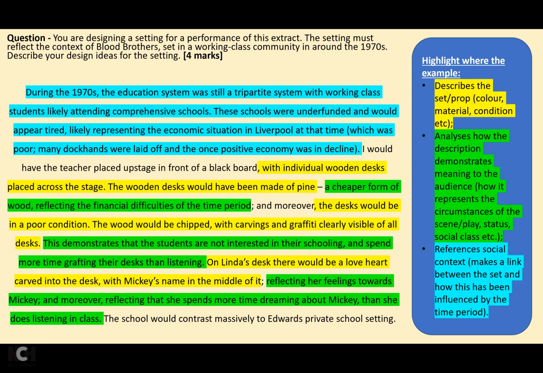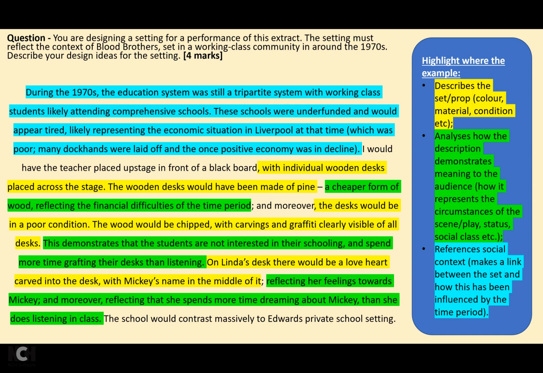The candidate then goes back to describe, and he goes, the desks, or she goes, the desks would be in a poor condition. The wood would be chipped, with carvings and graffiti clearly visible on the desk. So clearly gone through there. And then we go back to the analysis. This demonstrates that the students are not interested in their schooling and spend more time graffitiing their desks than listening. And then we go back to the description.